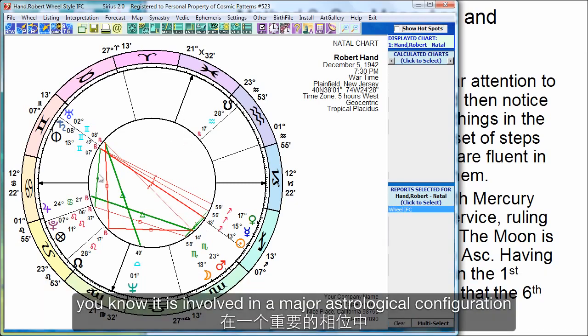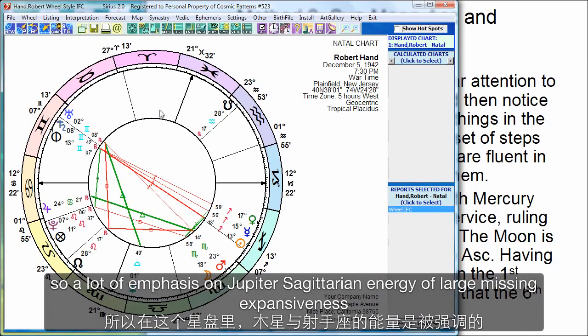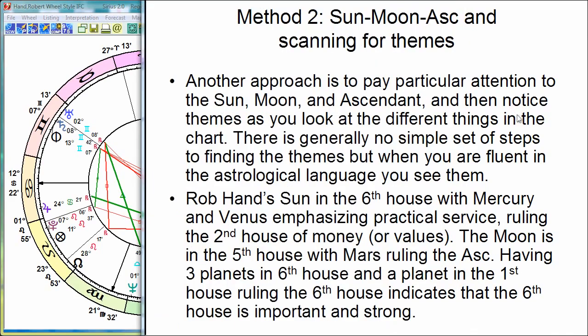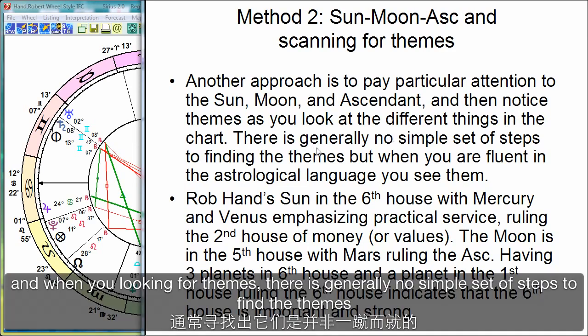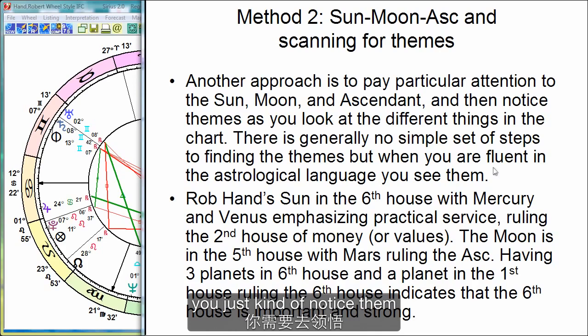It's involved in a major astrological configuration. So a lot of emphasis on Jupiter's Sagittarian energy of largeness and expansiveness. Okay. So you look for themes, things that repeat over and over again. And when you're looking for themes, there's generally no simple set of steps to finding themes. You just kind of notice them.